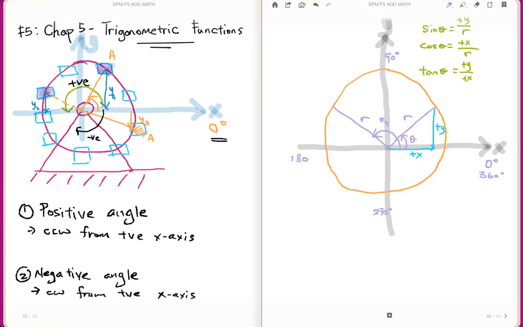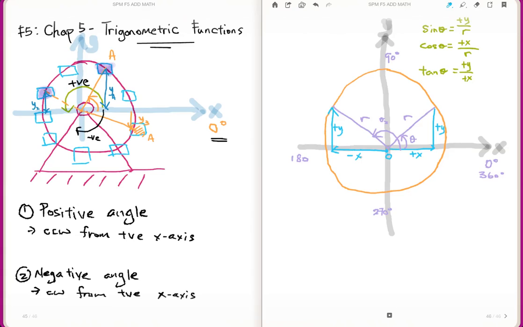What you will normally get is this height. Remember, on the left-hand side here is the height. You measure its height, so this is my positive y. However, this length from 0 to here is my negative x.